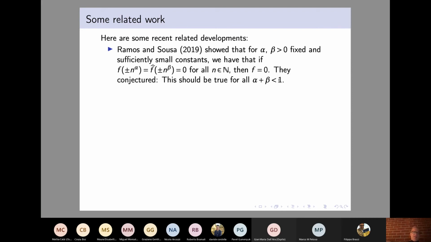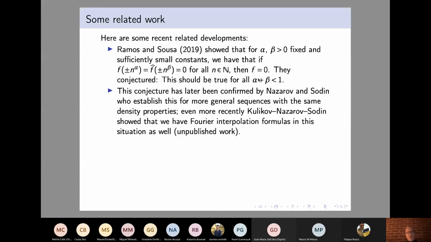Okay, so you have in some sense more points than you should; you should expect sort of infinite excess in this situation. This is now a theorem by Nazarov and Sodin, and they in fact established a result like this for more general sequences, but still sequences that in some sense are below the critical density in terms of the Kulikov theorem that I showed to you before.